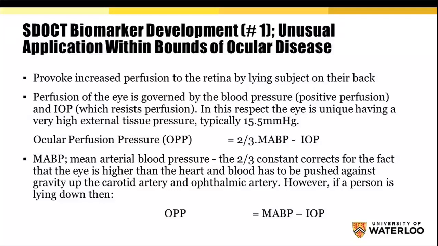If we're measuring ocular perfusion pressure using a cuff on the arm, ocular perfusion pressure is 2/3 mean arterial blood pressure minus IOP.